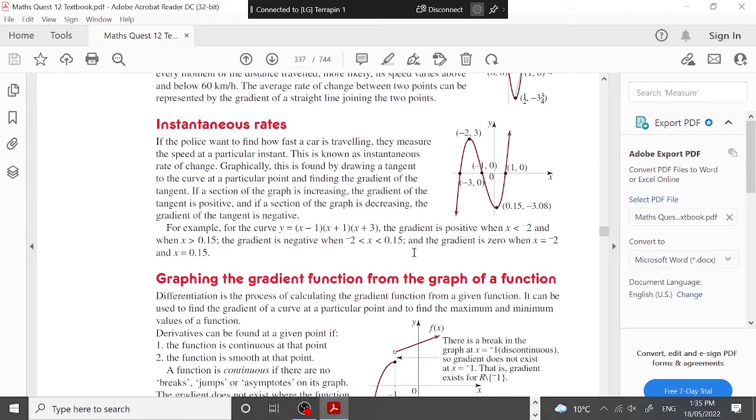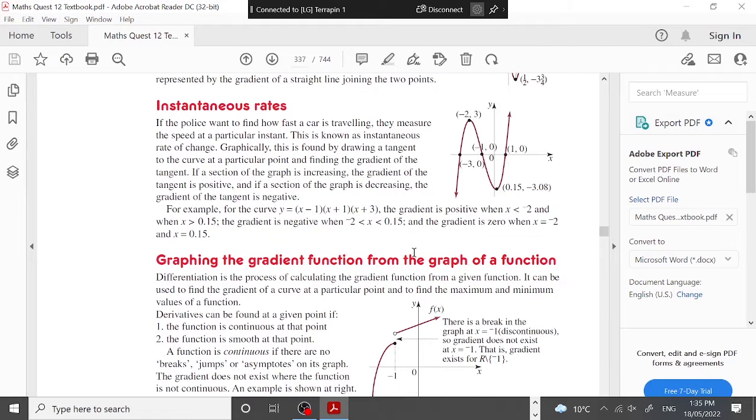Which leads naturally onto this thinking in terms of if we were given a particular function, we could sketch the gradient function of something. So we could draw a sketch, looking at this cubic here, in terms of what the gradient is doing.